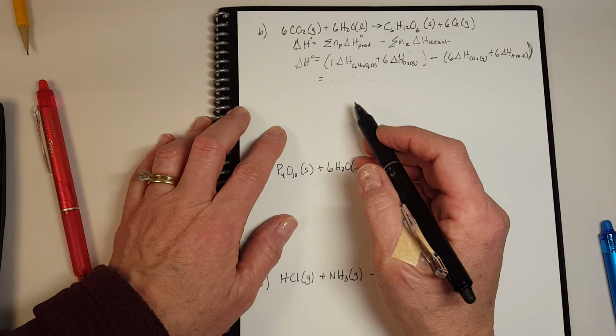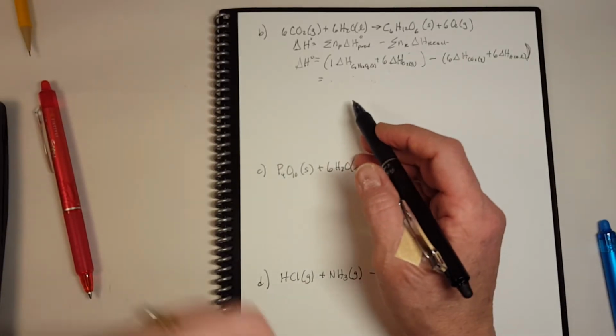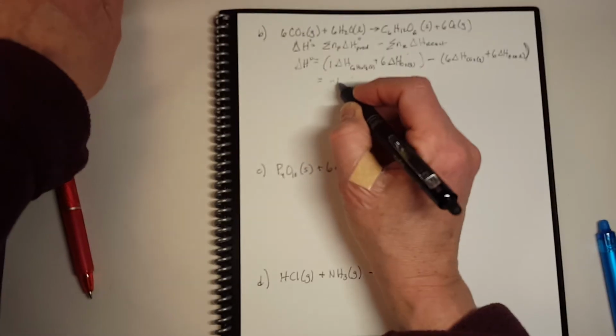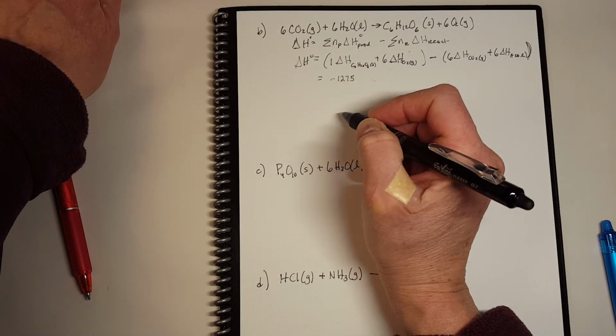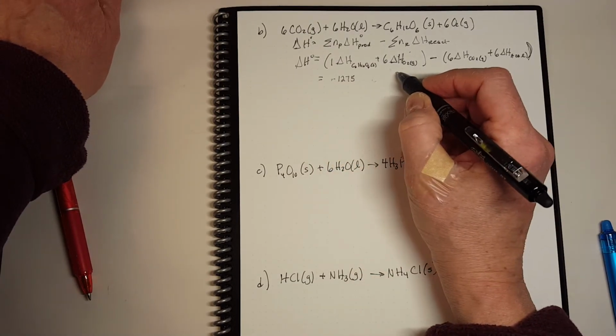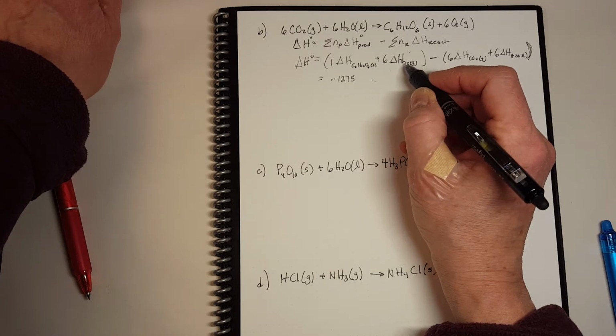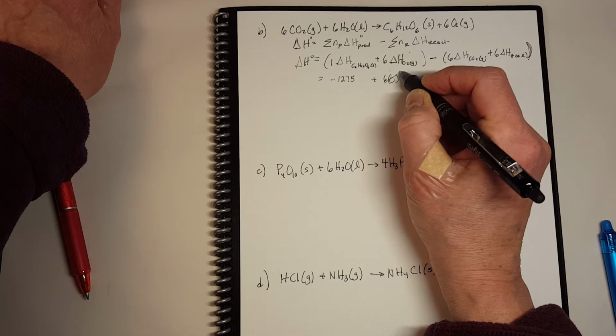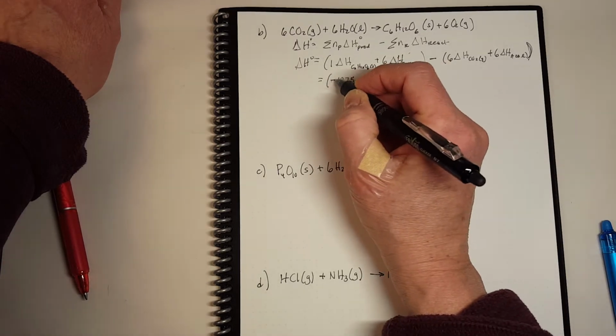Okay, so to do the delta H one, I've already looked in the appendix for these values. So the C6H12O6 is negative 1,275 kilojoules per mole. O2, well, that's the element in its element state, so that's just 6 times 0, which is just 0. So that's the first part.